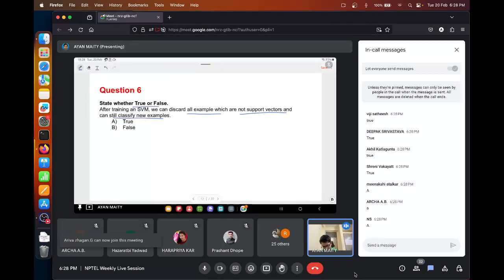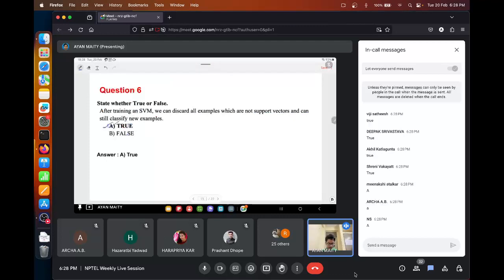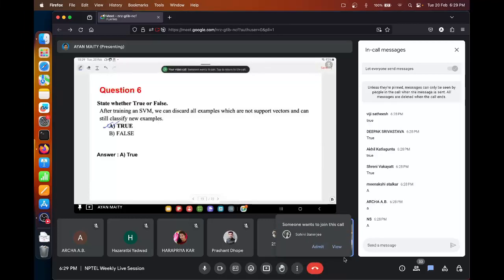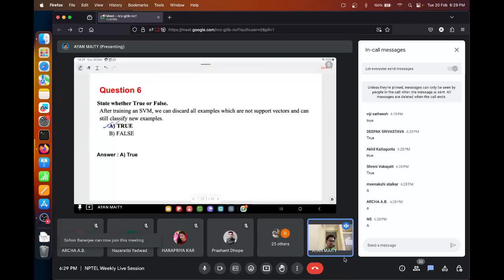The correct answer is true: if we only keep the support vector points, we will be able to classify new examples, because to construct the linear classifier or the straight line, we just need the support vector points, and the coefficients or the weights are related to only the support vector points. So we don't need all the other points. We can discard them, and we will still be able to classify new examples in case of SVM.